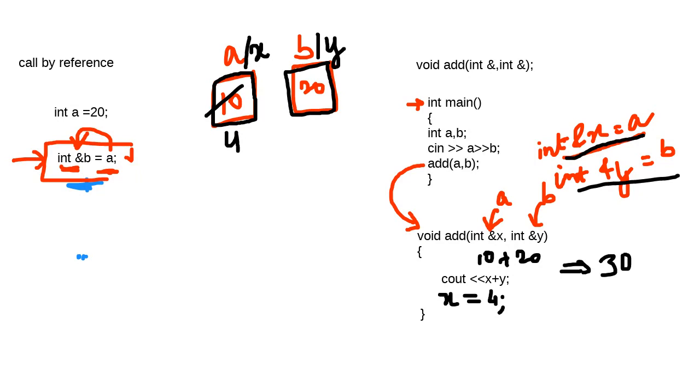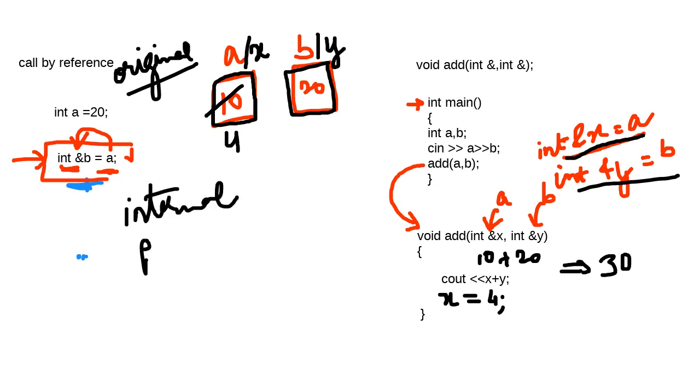So again, if I talk about reference, this also makes changes at the original location. This also affects the original location. That's why we call reference an internal pointer also, because it can operate on the original location.